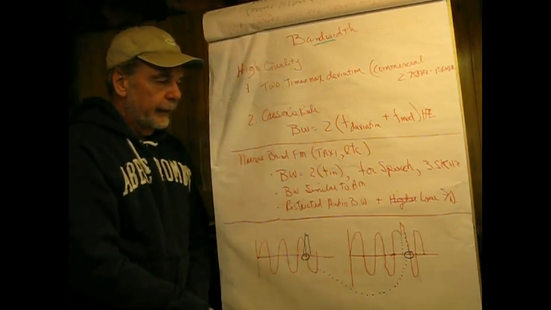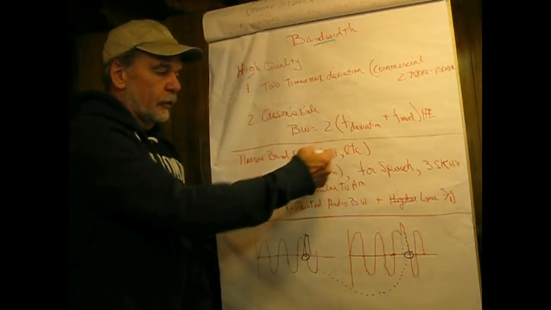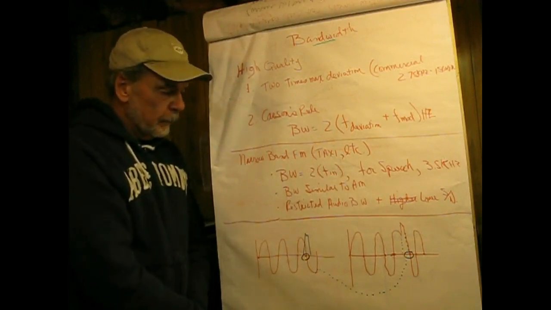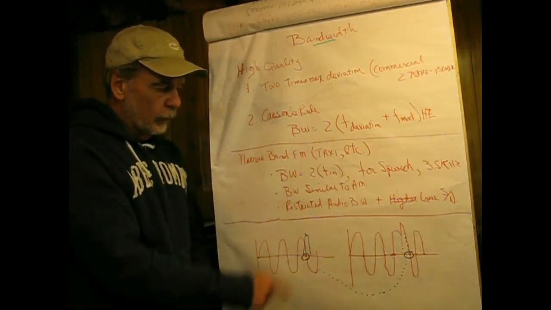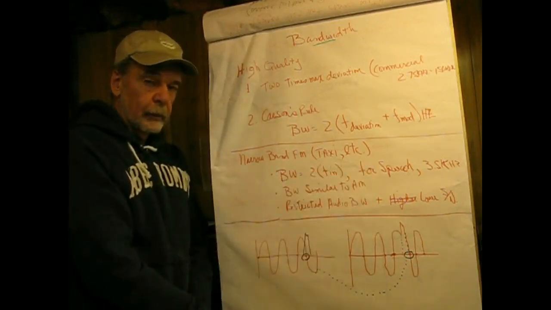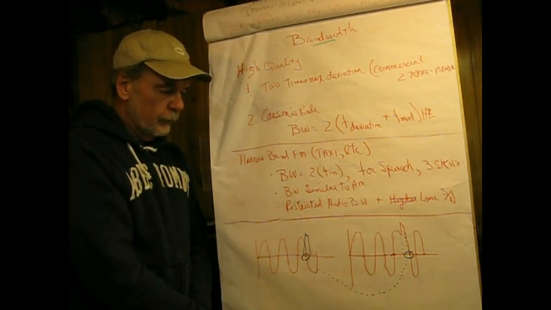Then in narrowband FM, like for taxi communications, and used to be fire and police at one time also, the bandwidth would be equal to 2 times f_m, and for speech, the frequency was limited to about 3.5 kilohertz.